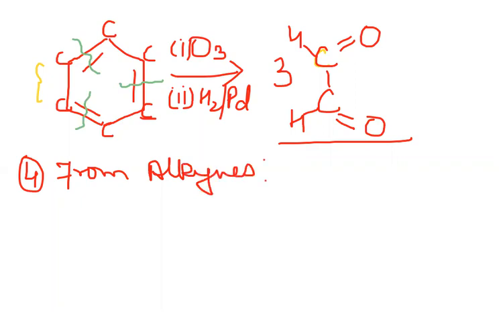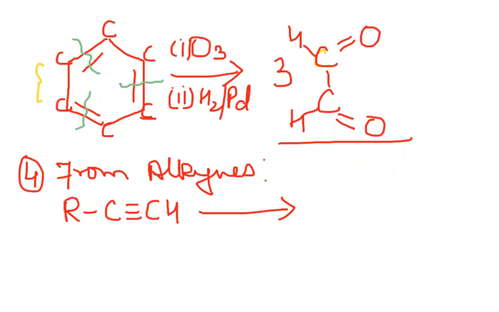Suppose I take R, C triple bond C, and then H. This is the alkyne I'm taking. When passing vapors of alkynes through 42% sulfuric acid, in the presence of a catalyst like mercuric sulfate at 333 Kelvin, it gets converted to ketones.